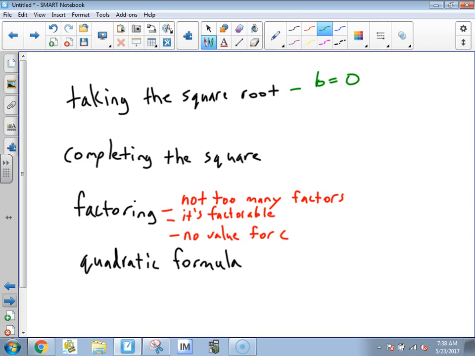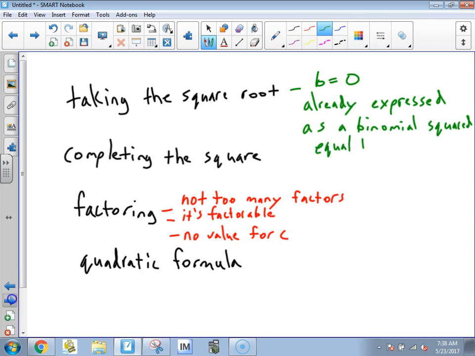Other reasons why you would solve by taking the square root: it's already expressed as a binomial squared equal to a constant.